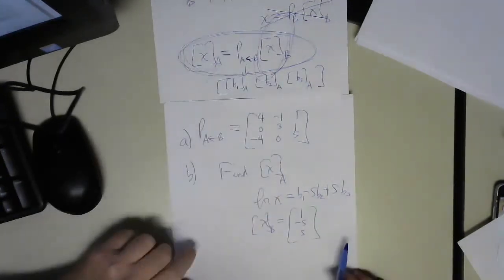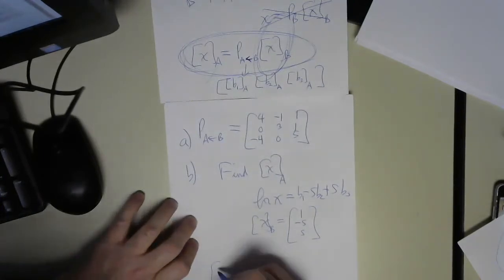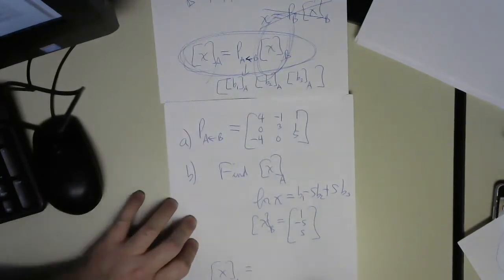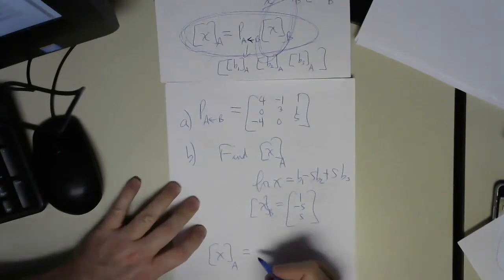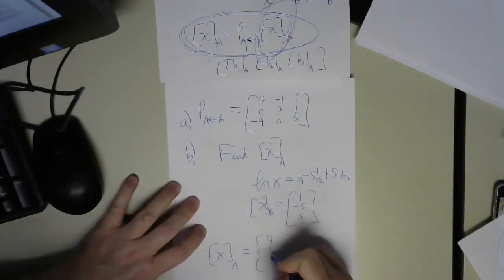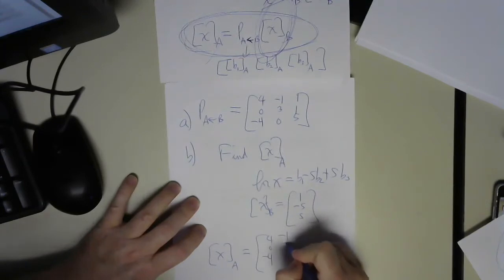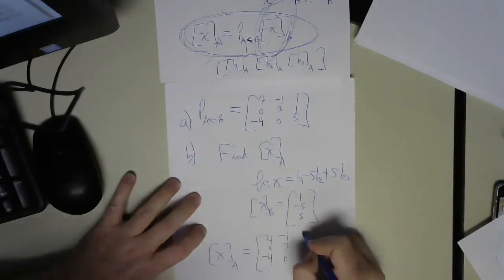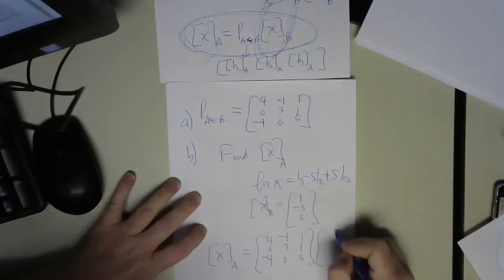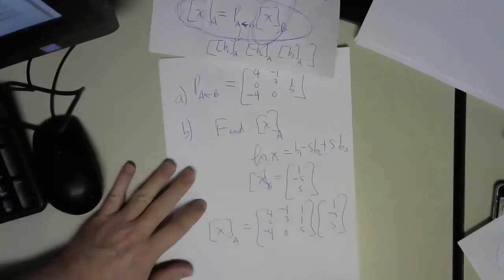Now I'll just plug it back into that equation up there. So we're looking for the coordinate vector of x with respect to basis A. That's going to be equal to that matrix we just found times that vector. Easy.